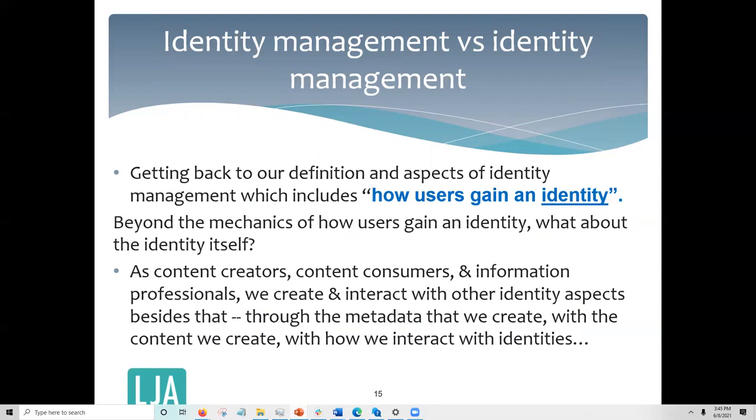This gets to our Wikipedia entry on how users gain an identity. So, for our little sliver of the metadata world, this is really the critical piece of it: that identity itself. How does that identity happen? Where does that identity come from? And when we need to create or establish an identity, how does that process happen?